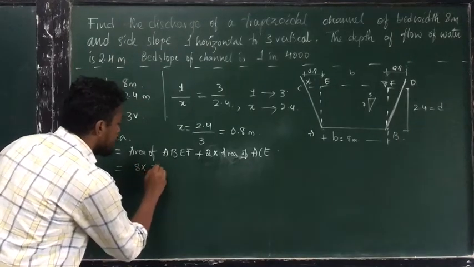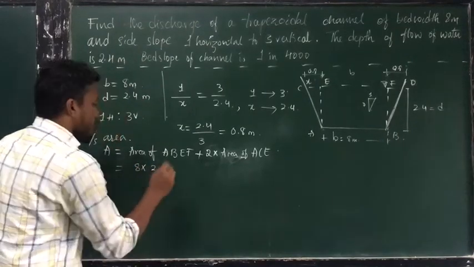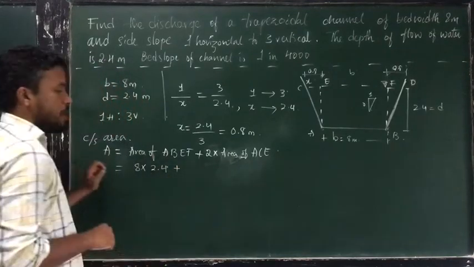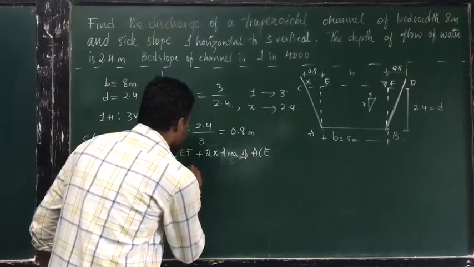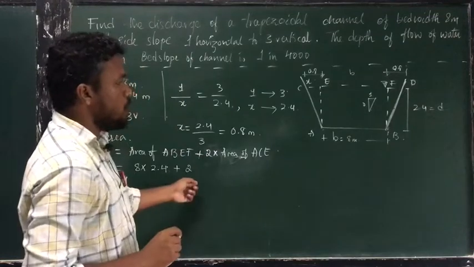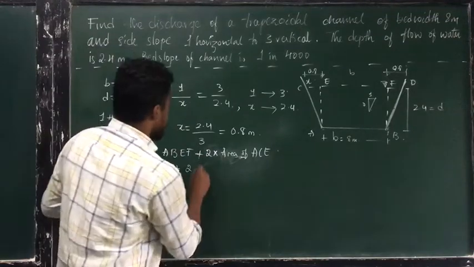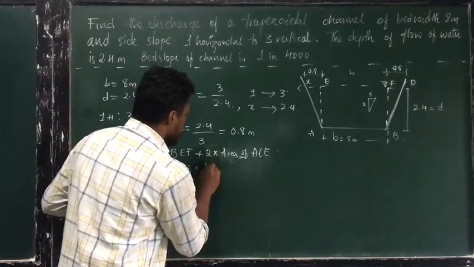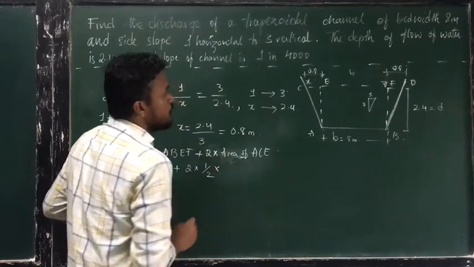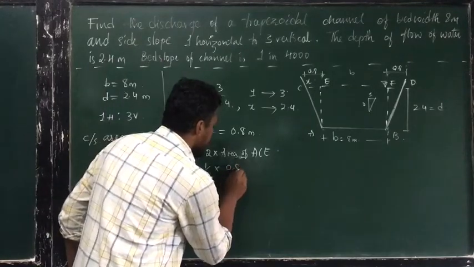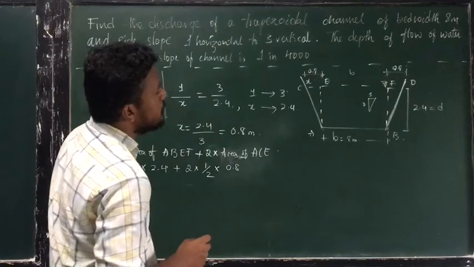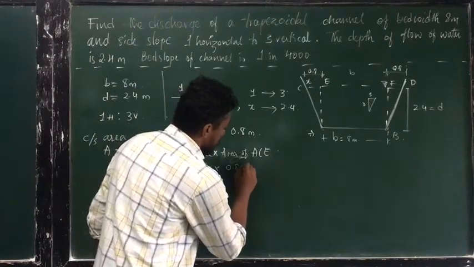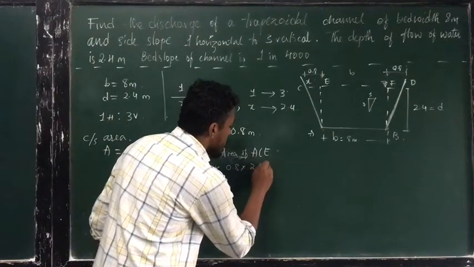So area of rectangular shape ABEF is equal to 8 into 2.4 plus 2 into area of triangle, half into base 0.8 into depth 2.4.